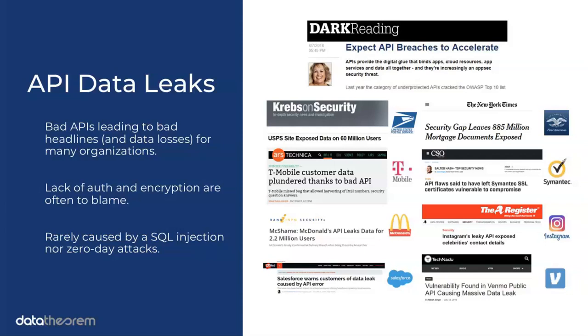As security people, we're guilty of going to these more exotic, technically interesting attack vectors, but what the data is teaching us is that it's blocking and tackling security hygiene that's very difficult to do at this massive growth and scale and these changes that are happening all the time. So really lack of authentication, authorization rules, the proper types of end-to-end encryption, these are typically the things to blame for what triggered these major data leaks.